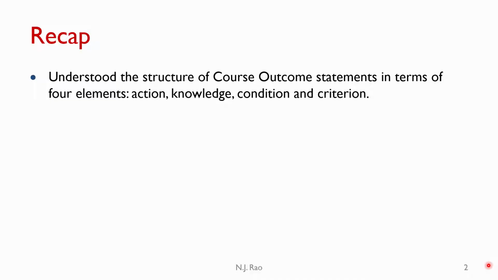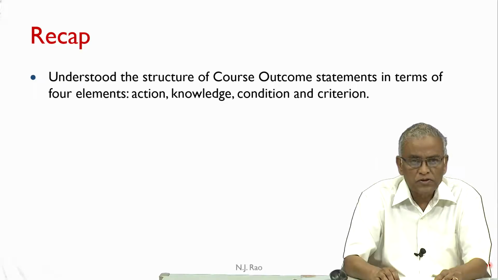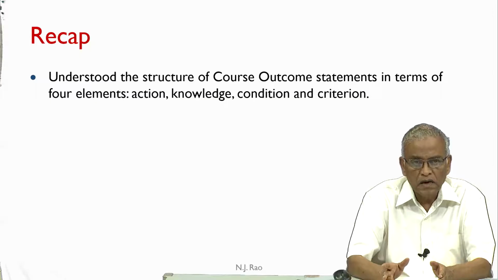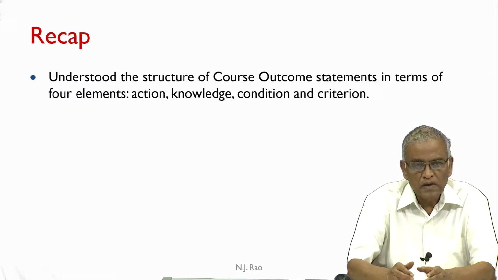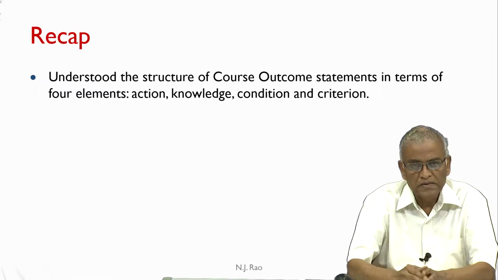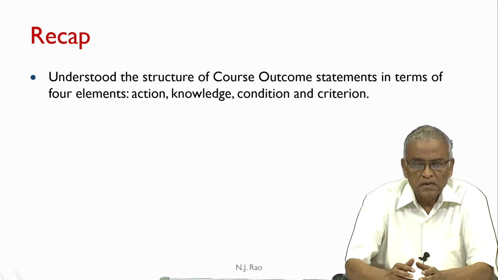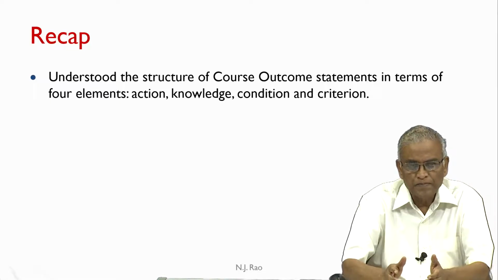In the previous unit we understood the structure of course outcome statements in terms of 4 elements. That means a course outcome statement should have 4 elements, with 2 of them being optional. The first element is action, the second element is the knowledge elements on which the cognitive action has to be performed, and the conditions under which this cognitive action has to be performed are expressed as a set of conditions, and the acceptance of the performance is defined in terms of the criteria.